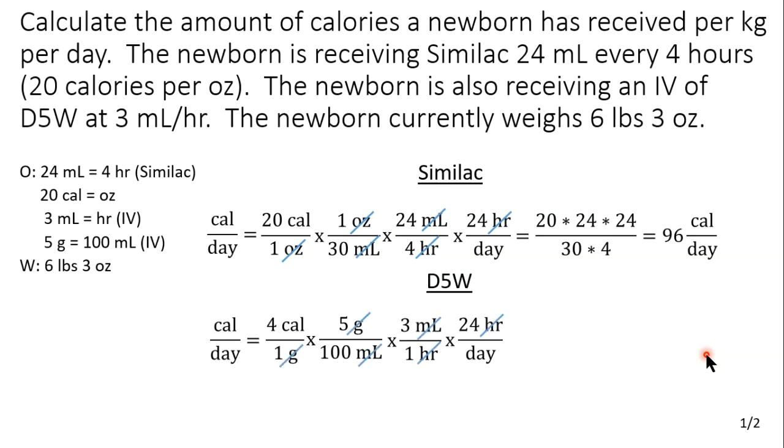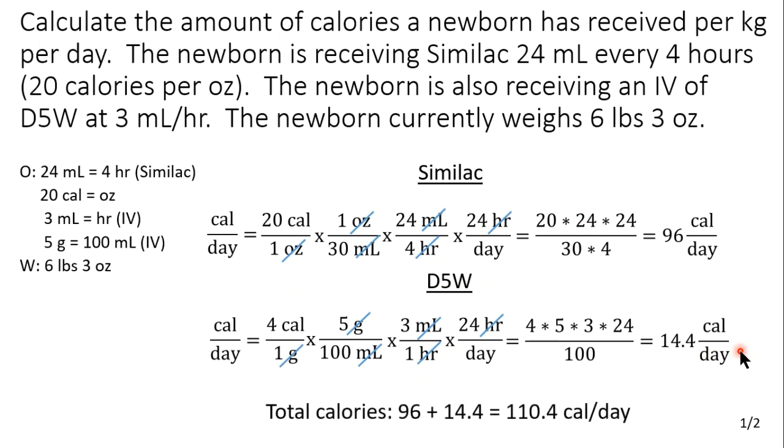So our units cancel out, and we multiply the numbers and then divide. So 4 times 5 times 3 times 24 divided by 100 gives us 14.4 calories per day. So our total caloric intake for this baby was 110.4 calories per day.